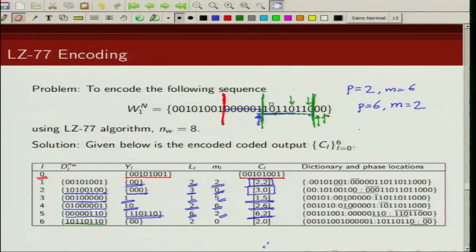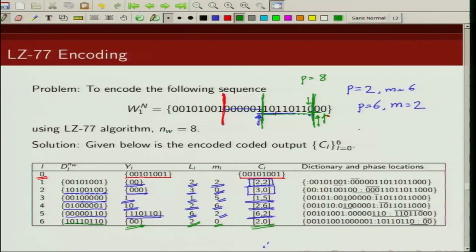This is 0 1. There's no match of 0 0 here also. But there is a match of 0 0 at this location. So the maximum string that gets matched is 0 0. It's of length 2, and the match happens at p equal to 8. So nw minus p, m comes out to be 0.